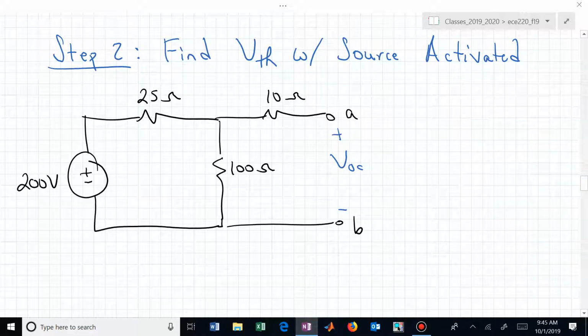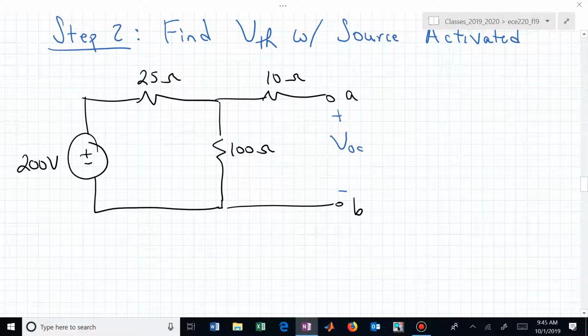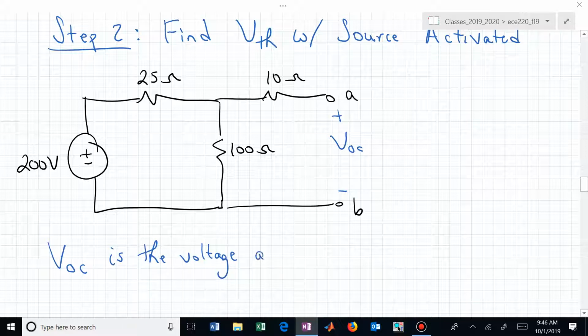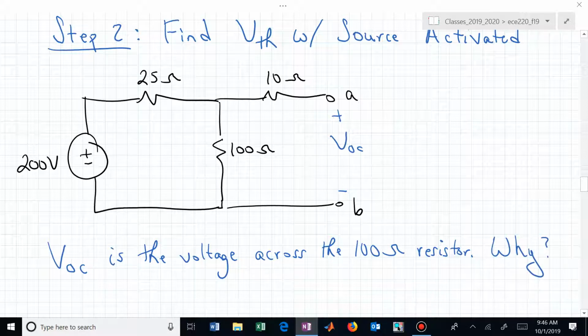Or how do we find VOC? Or can I make the following statement? The open circuit voltage, VOC, is the voltage across the 100 ohm resistor. Why can I make that statement? Why is that true?